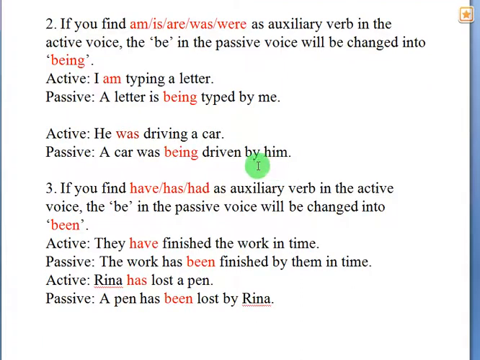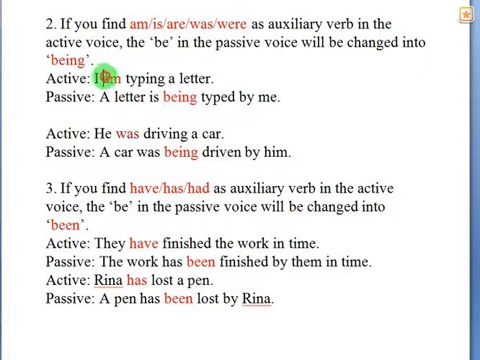Next we see, if you find am, is, are, was, were as auxiliary verb in the active voice, that means if the tense is a continuous one, either present continuous or past continuous, you will get am, is, are in the tense as auxiliary verb. In that case, your additional be verb will be turned into being.